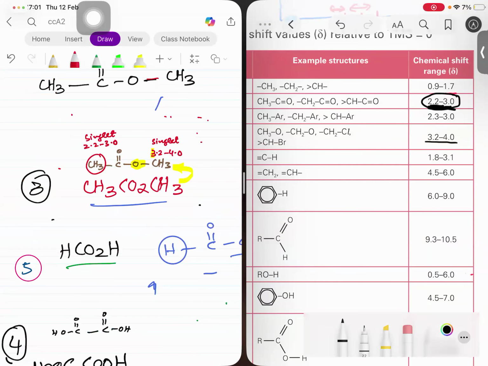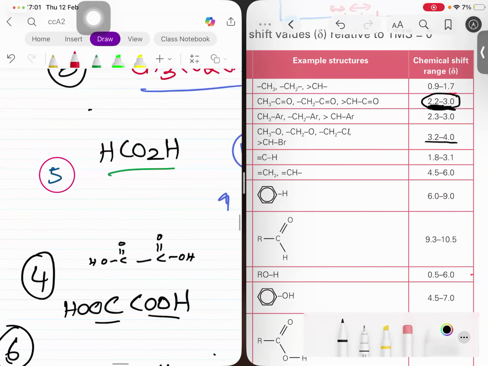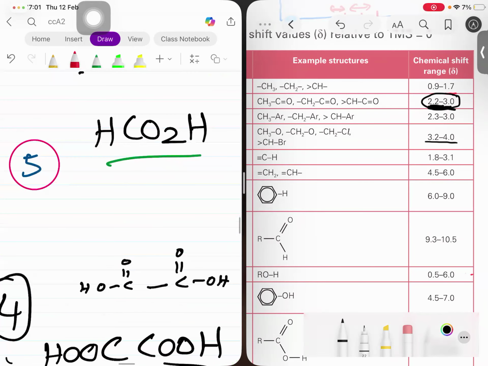So I may be targeting you for a while now because of your wrong answer. Here, number 5. How many peaks? 2. Aris? 2 peaks. Lelma? It's an ester, right?